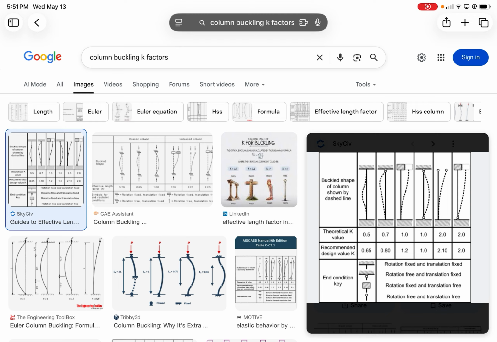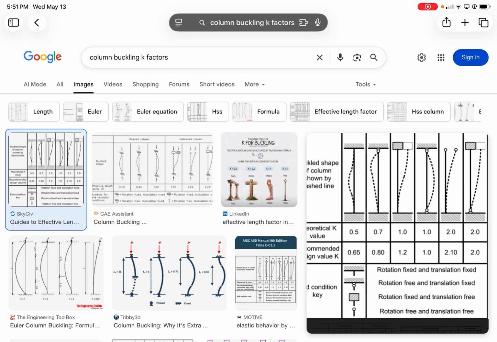I think the table has it also. Don't pay attention to the recommended design value. That would be something you would see for advanced courses that are code-based design values. What we're ultimately looking at for the elastic method is just the theoretical K value, which is what you would get from derivation.